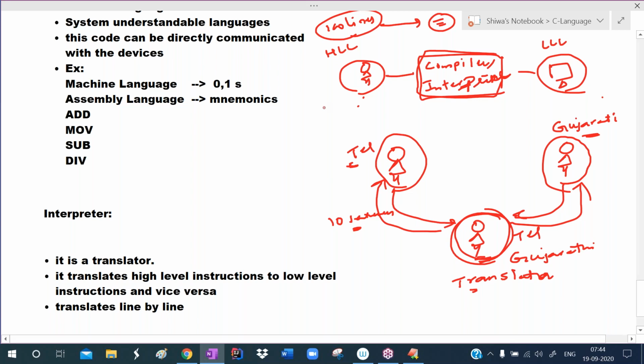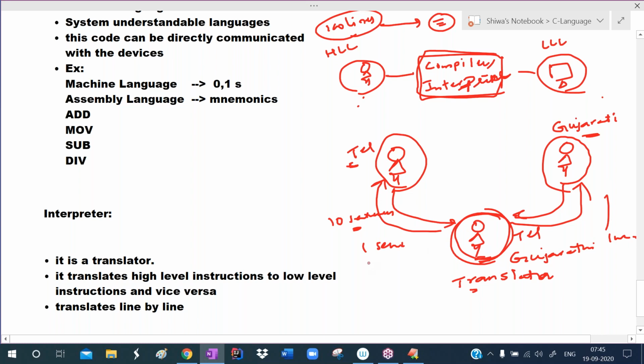Interpreter means that it translates line by line. After translating one line into low level language, it translates another line into low level language, like that. For example, here this person is talking one sentence in Telugu, and this third person listens to that one sentence and translates it for the Gujarati person.